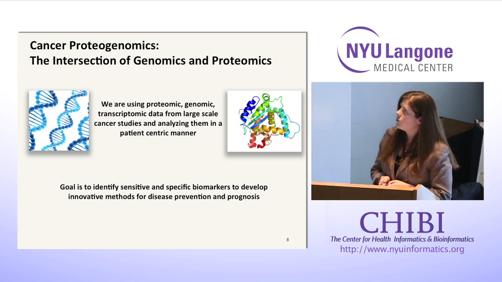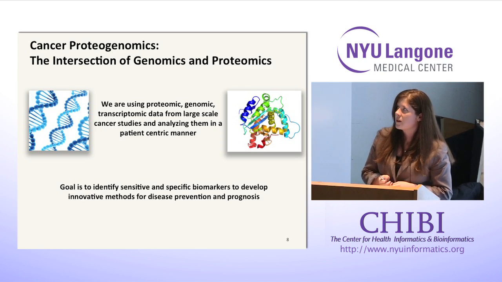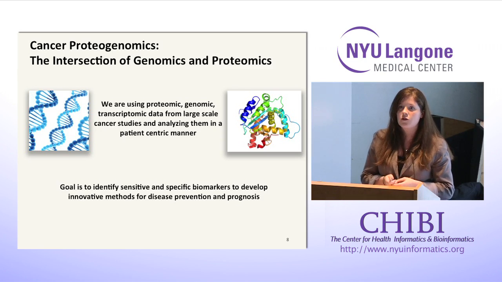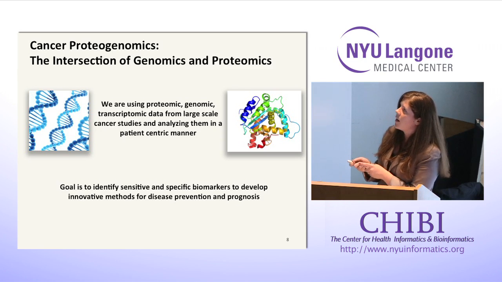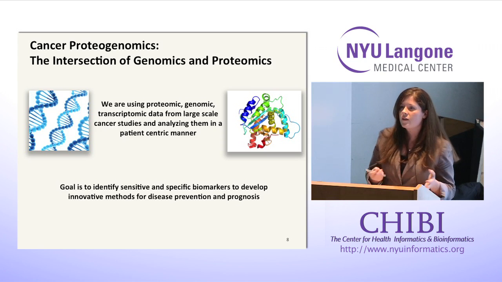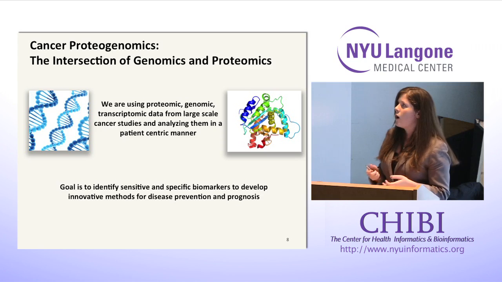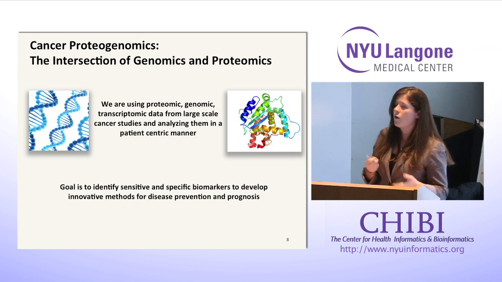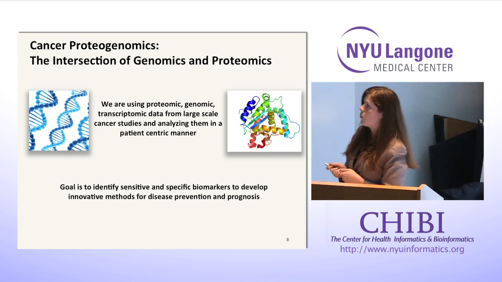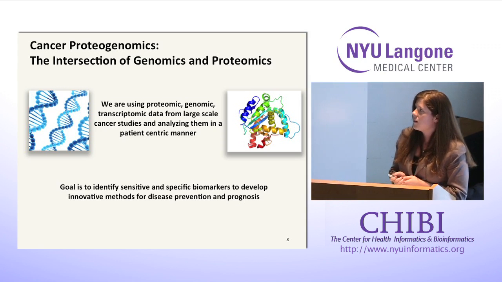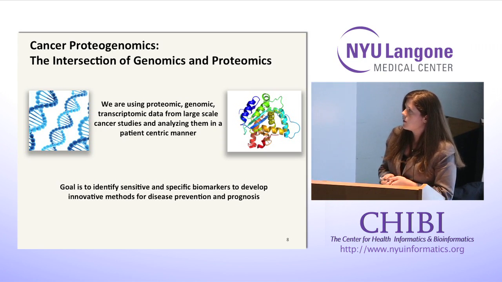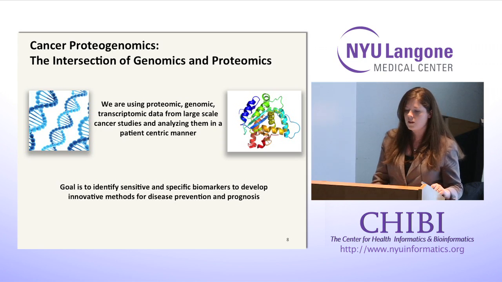We're using proteomic, genomic, and transcriptomic data from large-scale cancer studies to analyze in a patient-centric manner. The patient-centric manner is in regard to the genetic heterogeneity I discussed earlier, so we're taking into account all of the germline variants as well. The goal of this study is to identify sensitive and specific biomarkers and to develop innovative methods for disease prevention and prognosis.